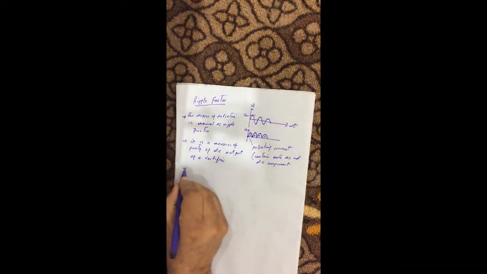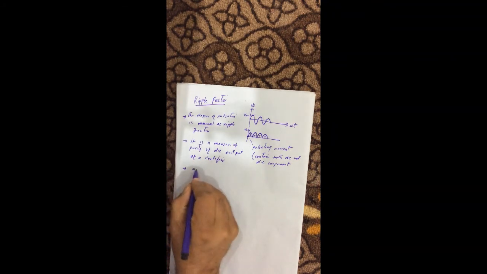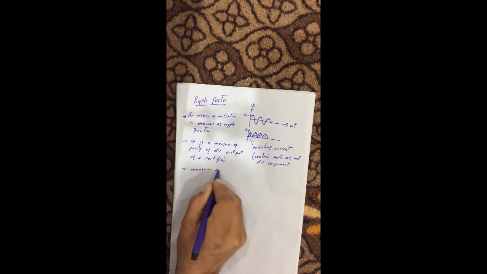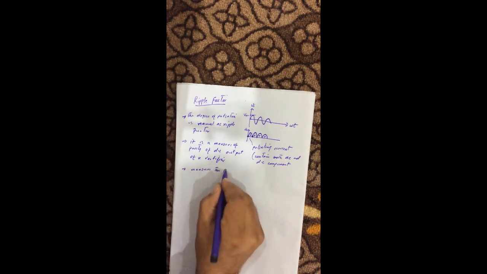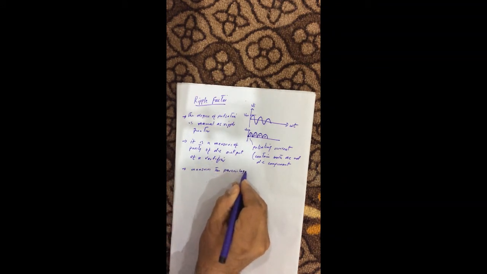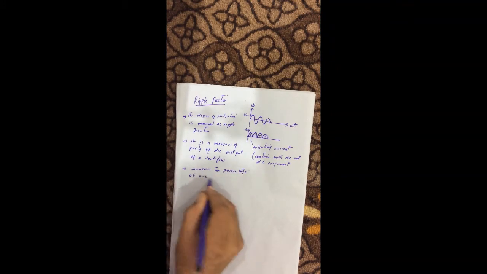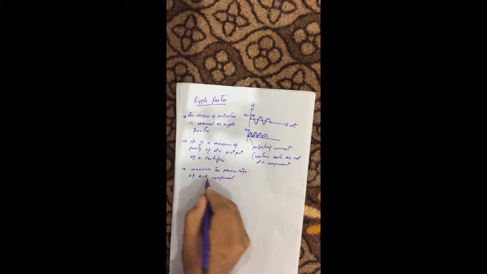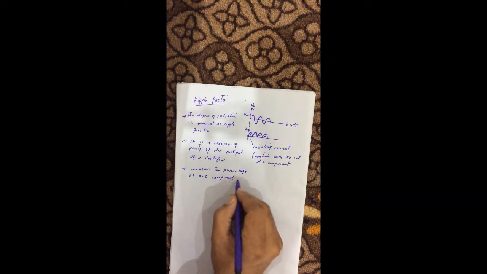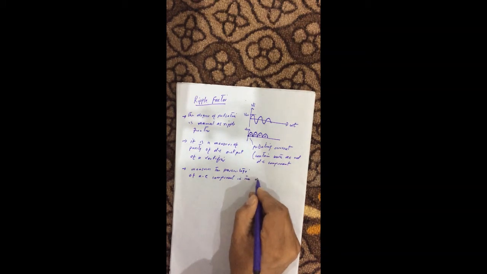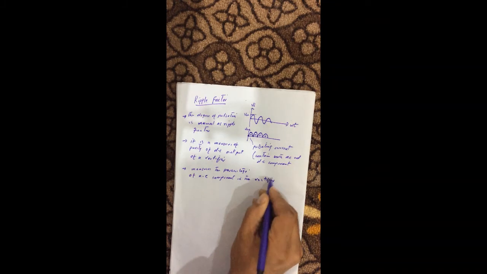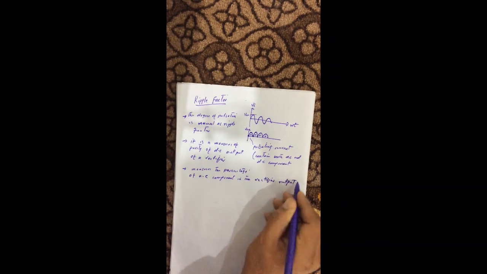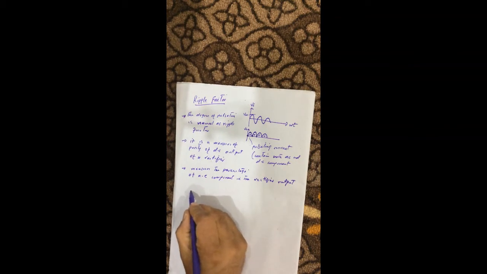We can also say that the ripple factor measures the percentage of AC component in the rectifier output. It tells us how many percent of the AC component exist in the output of a rectifier. It is denoted by the symbol gamma.